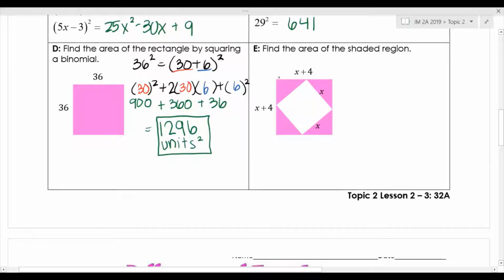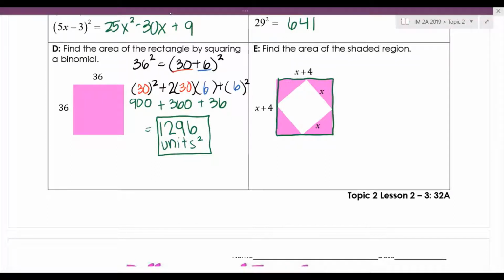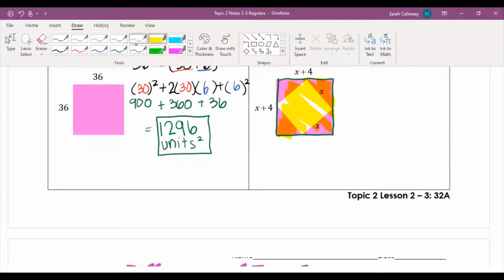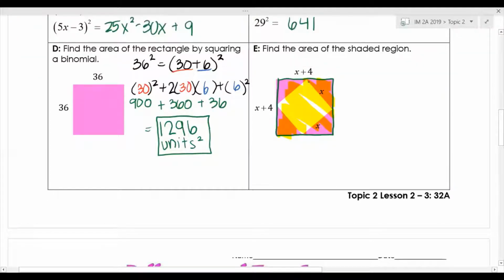So it's this outside square. So the area of this would be this whole region. And then minus the area of the smaller square that's on its side. So notice that one has a side of x. So I can subtract that, the area of that square.